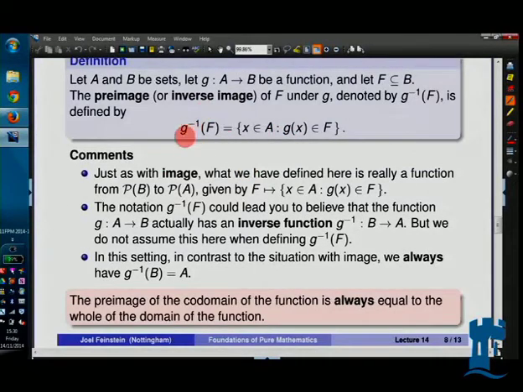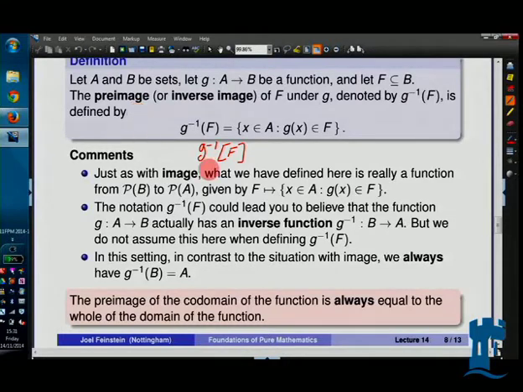Now, as before, you might want to use a square bracket because, you see, it is possible that g does have an inverse function. If g does have an inverse function, g to the minus 1 will have its own definition, and it will be a function.